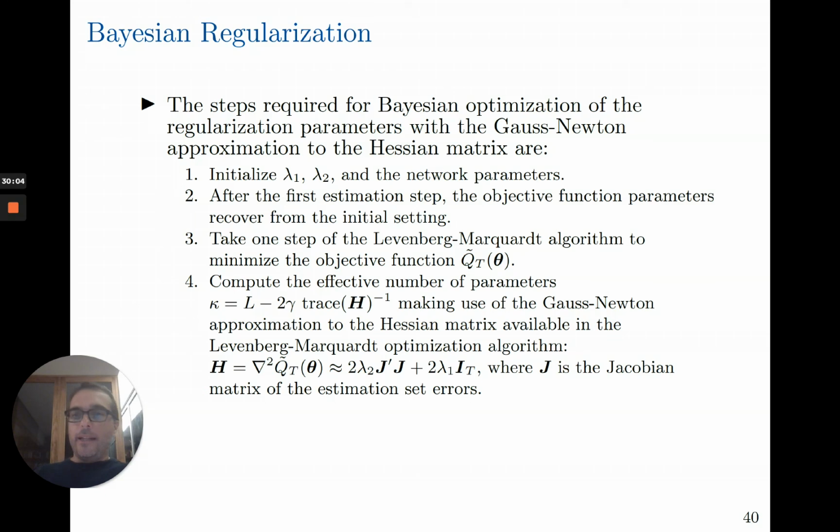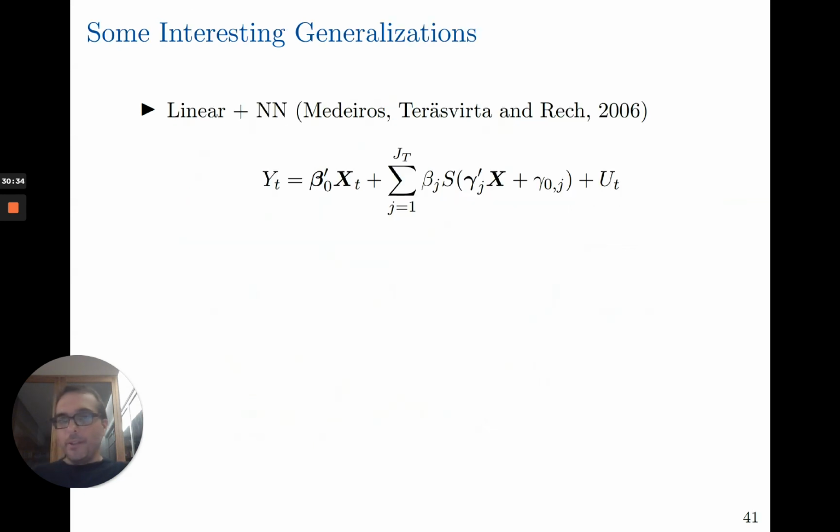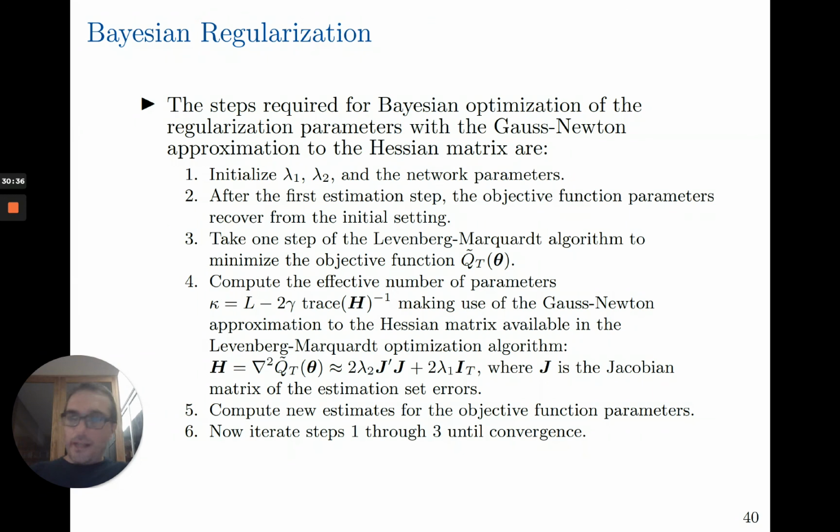Then we can compute, for instance, the effective number of parameters, in this case using a kind of Gauss-Newton approximation for the Hessian matrix. So it's like nonlinear optimization of the posterior. This is done in cycles, iteratively, until convergence. This is the Bayesian regularization, which is a very neat estimation procedure.